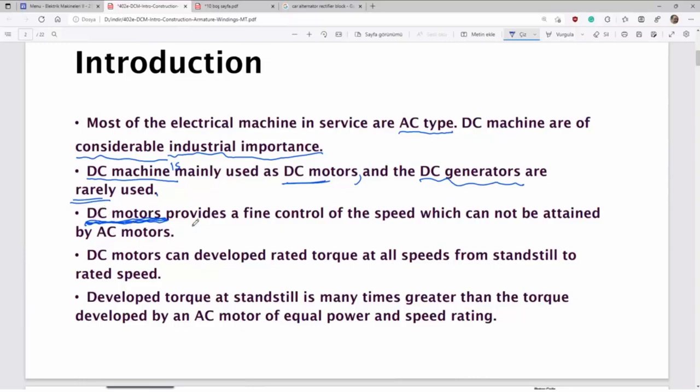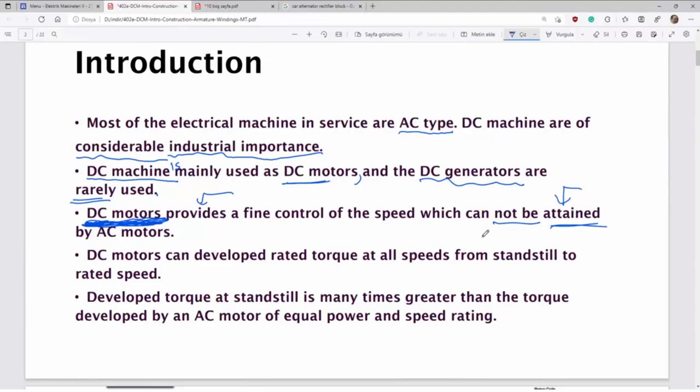DC motors provide a fine control of the speed, which cannot be attained by AC motors. Speed control is very easy in DC motors, and you can manage very precisely, very fine control by using very cheap, easy methods, but in AC motors it cannot be attained.